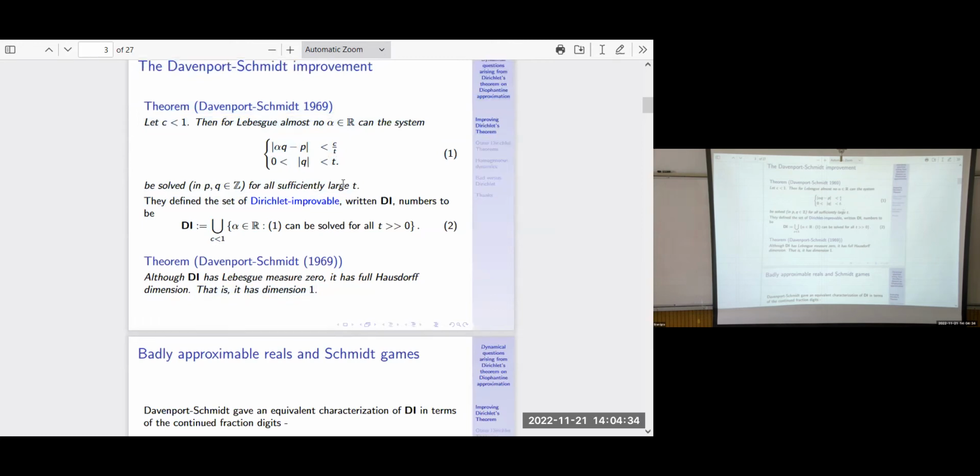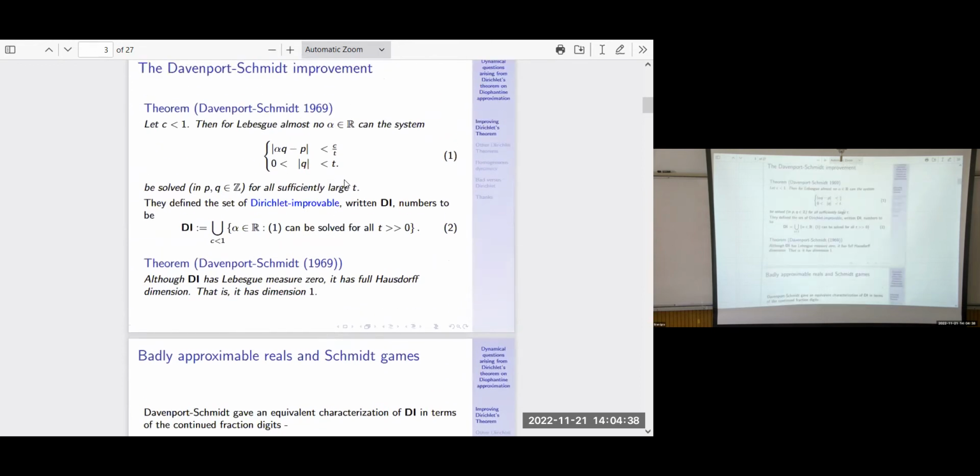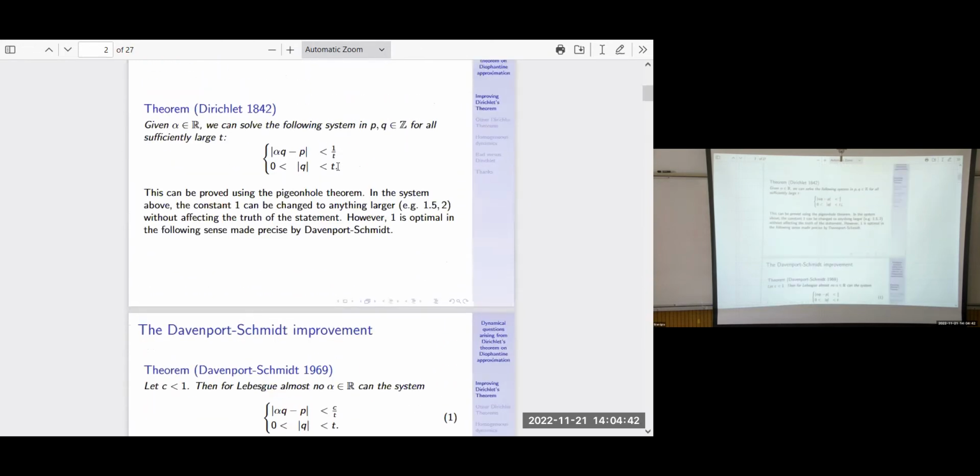I'm sorry. When you prove the theorem, it's a trivial proof, right? The natural thing is just to use the pigeonhole principle. You divide the unit interval into subintervals of length about 1 over t, and then you count.